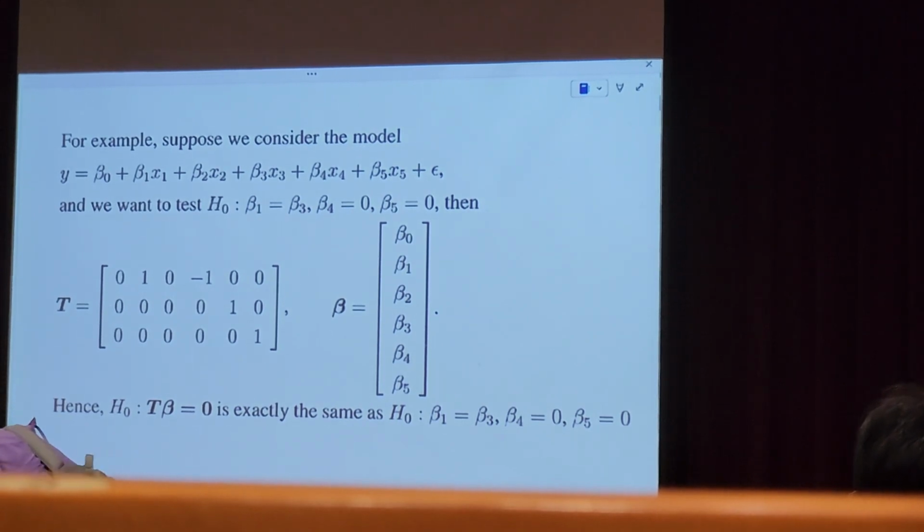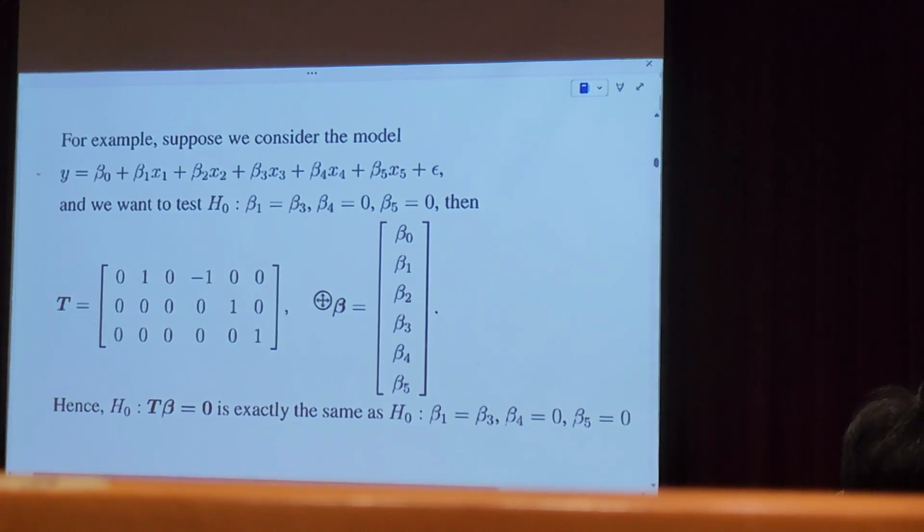So let's look at an example to understand this matrix T. So my model is here. This is my model. There are 5 regressor variables.